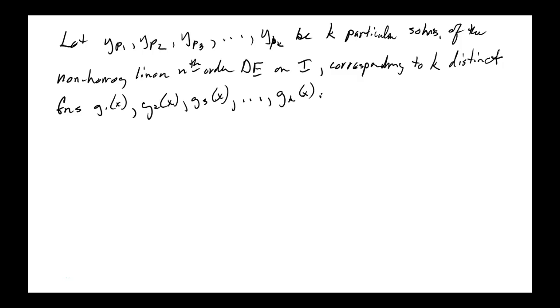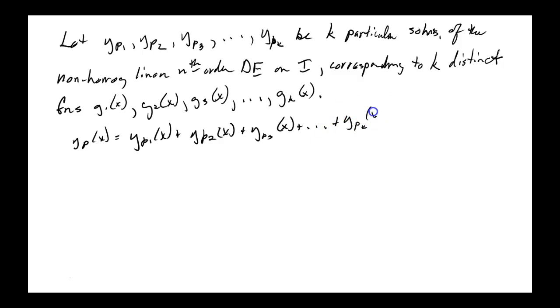Now you have a whole bunch of them, so your overall particular solution as a function of x for the one that has all these g's on it would be y sub p 1 of x plus y sub p sub 2 of x plus y sub p sub 3 of x plus dot, dot, dot, up to and including y sub p sub k of x.